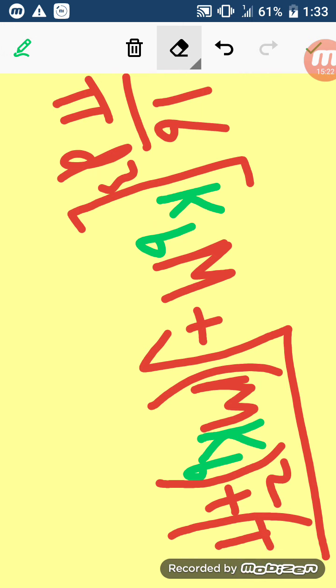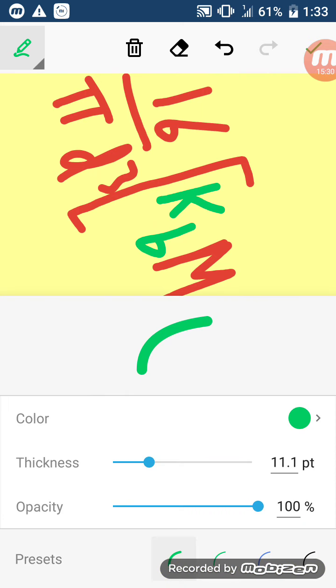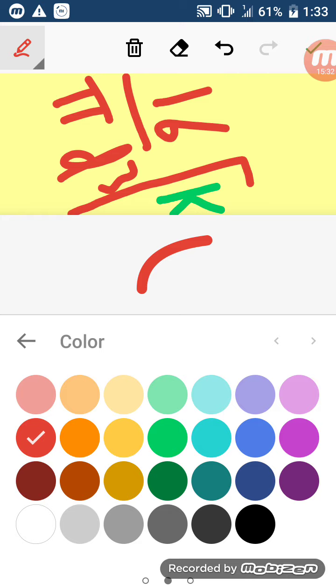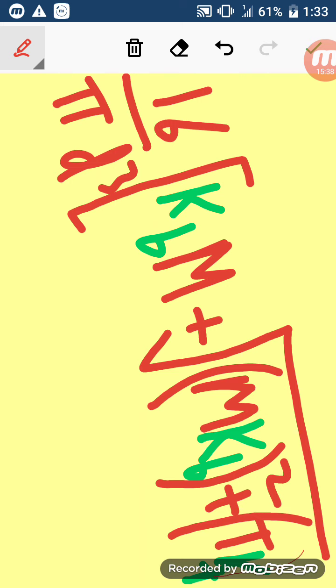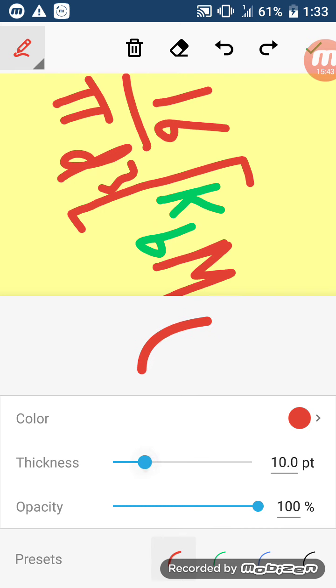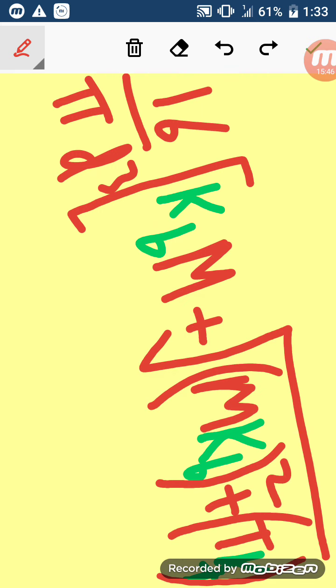I think we have less space, but we will be able to understand. It should be KT T square. Yeah, so these are my final expressions, right?